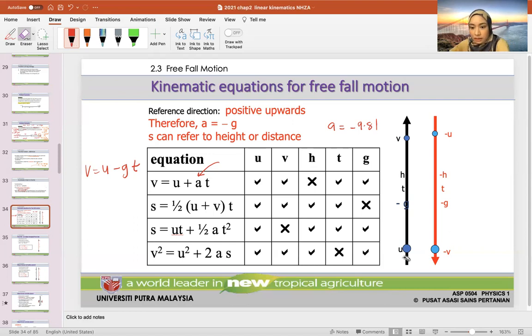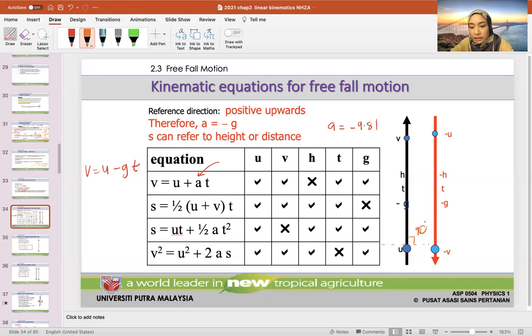So in this case, kita tengok we have a ball over here. I'm holding this ball and then I'm just throwing it and the angle with respect to the x-axis is 90 degrees. Basically, I'm just shooting my ball vertical.